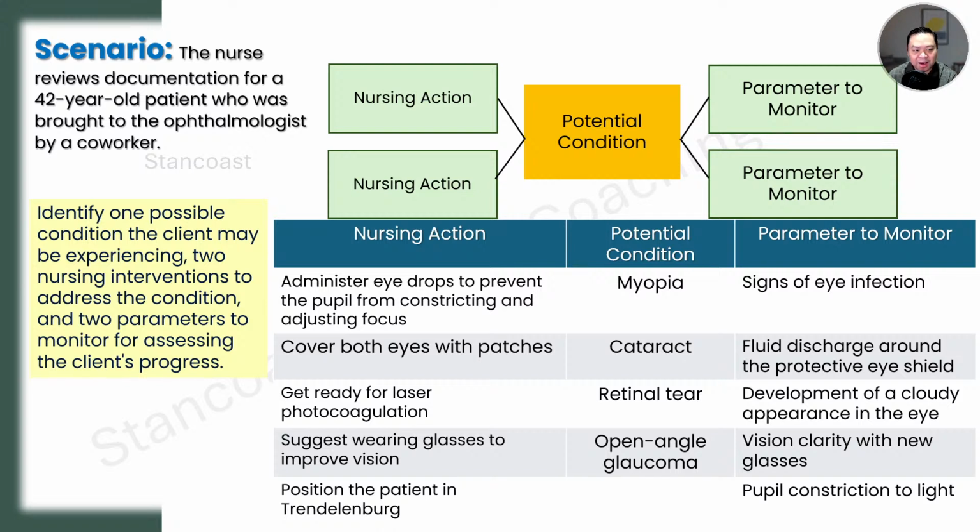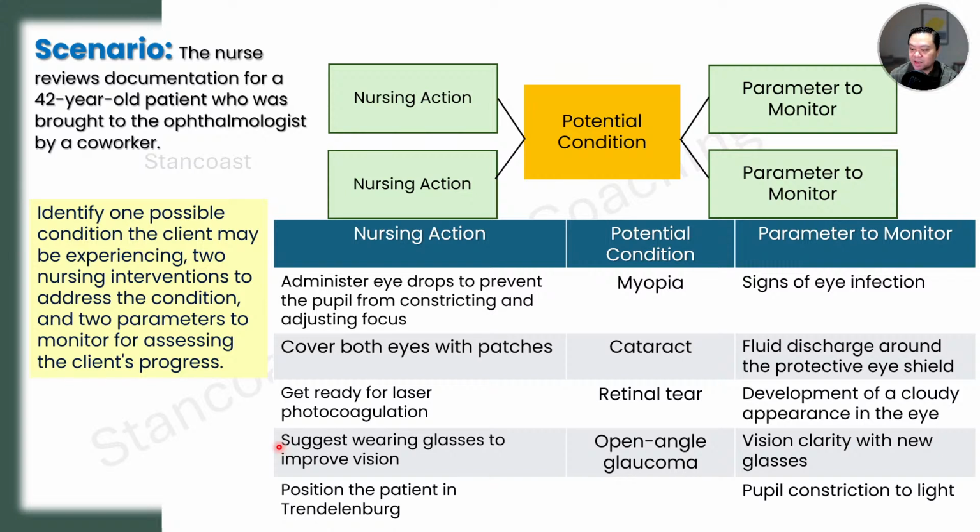So we have the following selections for the potential condition. We have myopia, cataract, retinal tear, open angle glaucoma. We have selections for the nursing actions: administer eye drops to prevent the pupil from constricting and adjusting focus, cover both eyes with patches, get ready for laser photocoagulation.